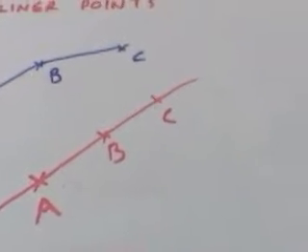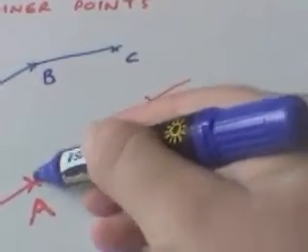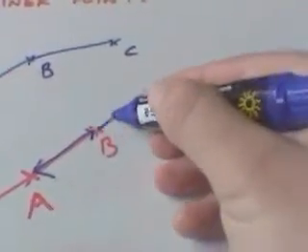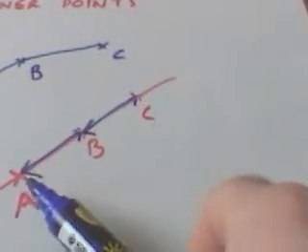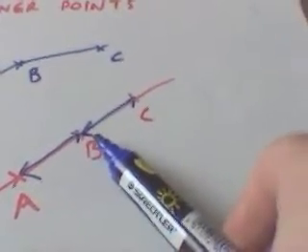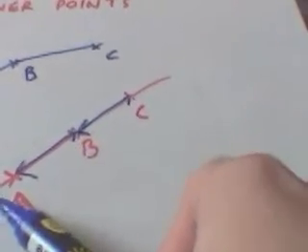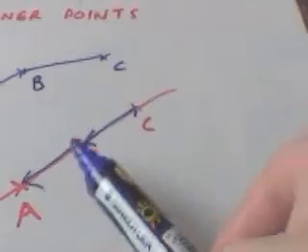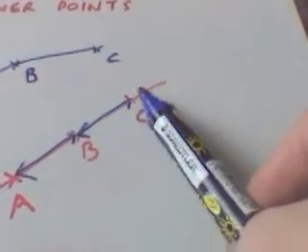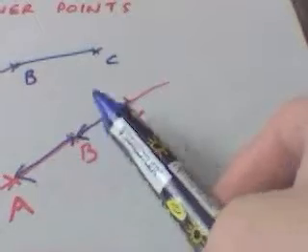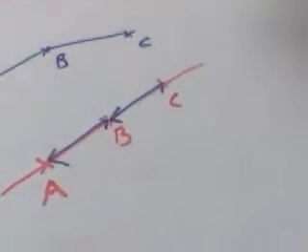So what we have to prove is the section A to B has exactly the same gradient as B to C. Because if it does, that means going from A to B, it will then follow on in a straight line from B to C, because B is connected to A and B is also connected to C. And so the only way that that can happen is if they are in a straight line. So the gradients are the same and going through all 3 points. So that's what we're about to prove.